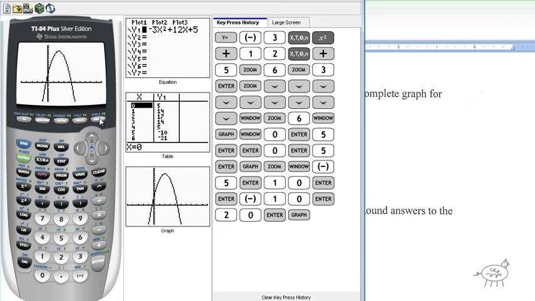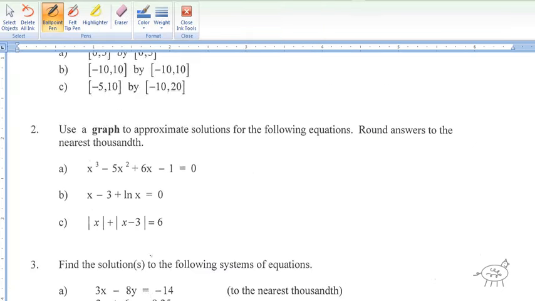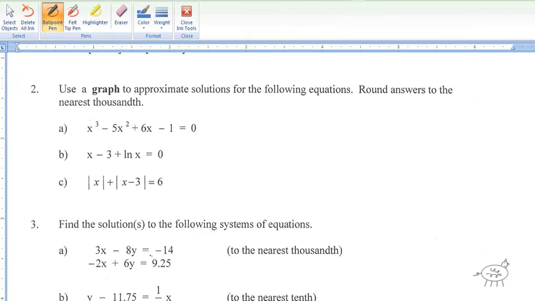Let's look at the next one. Use a graph to approximate solutions for the following equations. Round all answers to the nearest thousandth. The deal is, math fans, you have this equation set equal to 0, and I want to say, where is it equal to 0? The best way to do this is, instead of saying equal to 0, to set it equal to y.